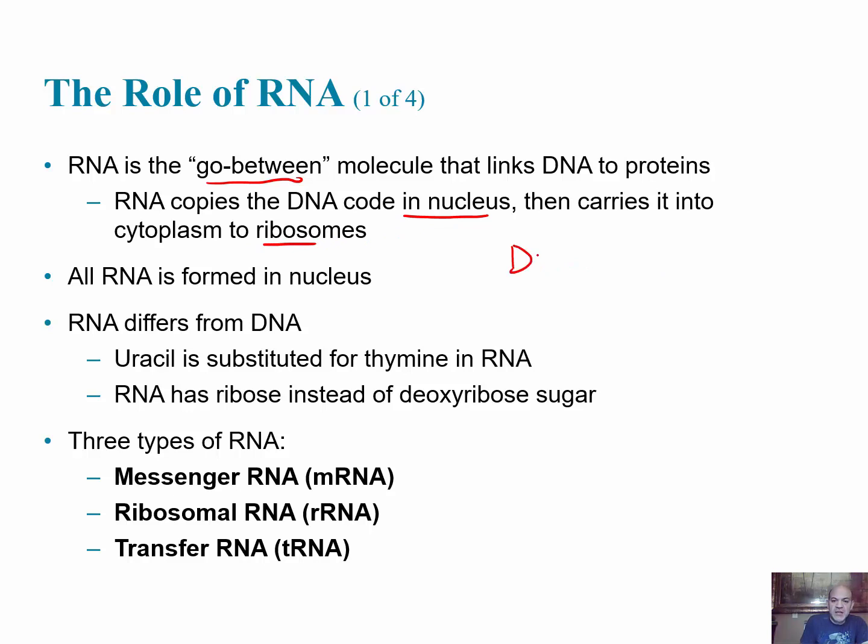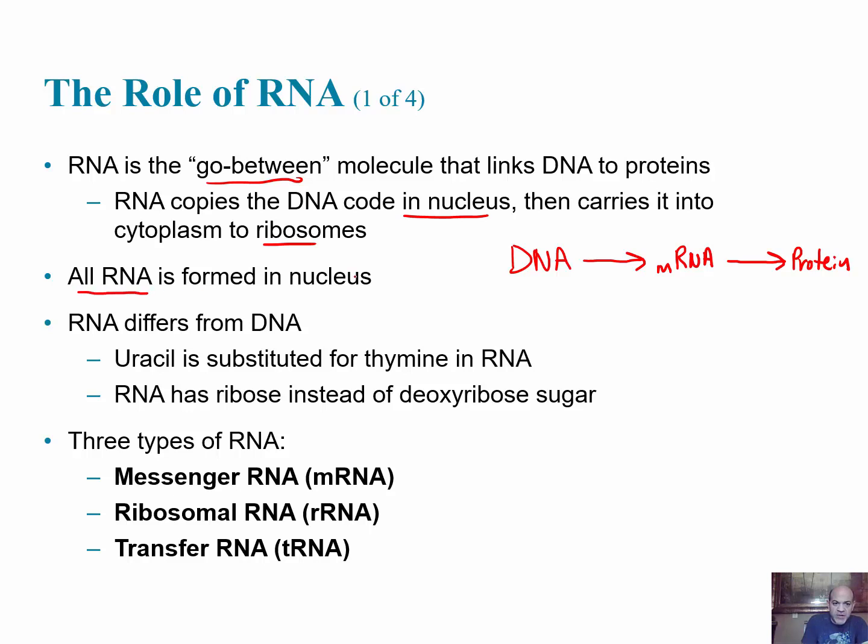The sequence of bases in your gene in DNA is going to be copied into a sequence on your RNA. If it's carrying the actual message for a polypeptide, we'll call it mRNA, for messenger. Then that goes to the ribosome to make your protein. The ribosomes are found in the cytoplasm.